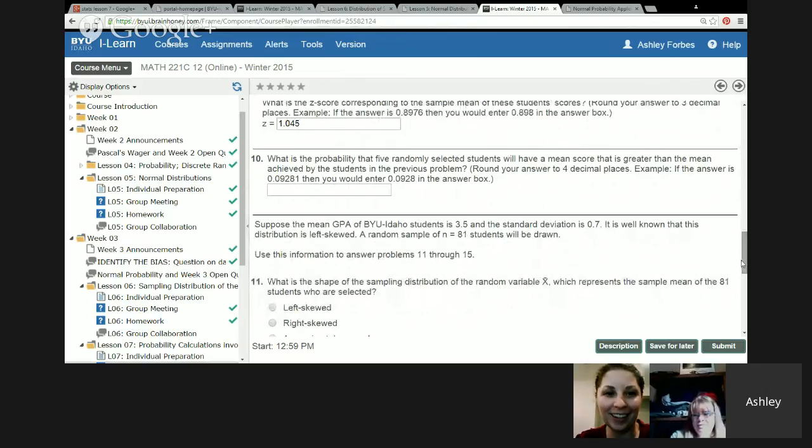Okay, so number 10. What is the probability that 5 randomly selected students will have a mean score that is greater than the mean achieved by the students in the previous problem? Round your answer to 4 decimal places.